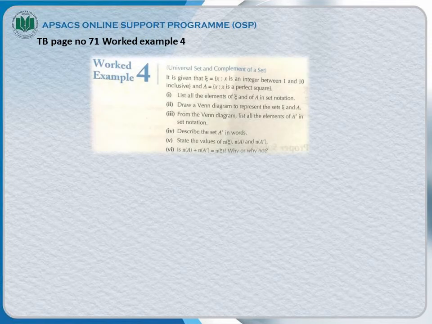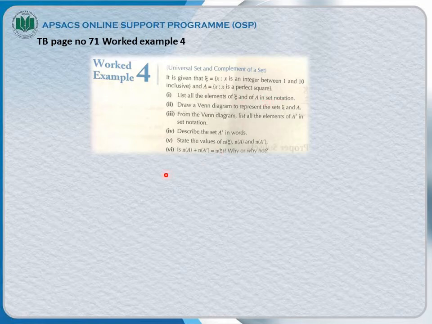Next, let's take an example from your textbook, page number 71, worked example 4. In this example, it is given that the universal set is x such that x is an integer between 1 and 10 inclusive, and A is x such that x is a perfect square. Part 1 is to list all the elements of the universal set and of A in set notation.